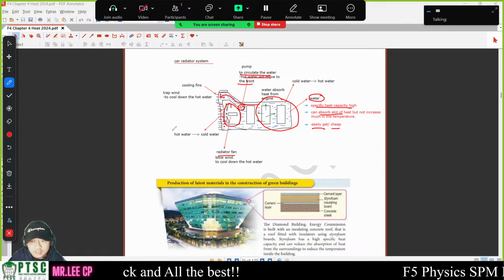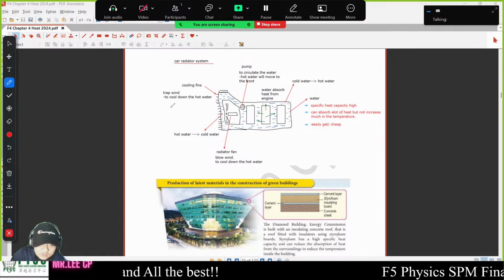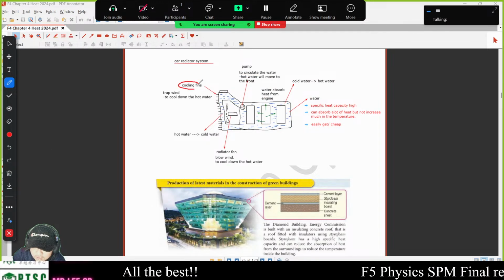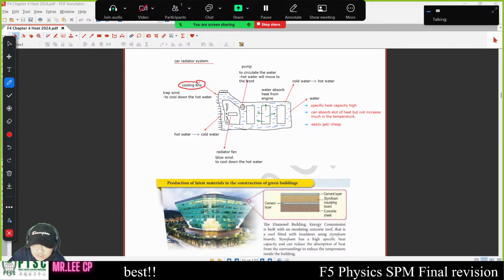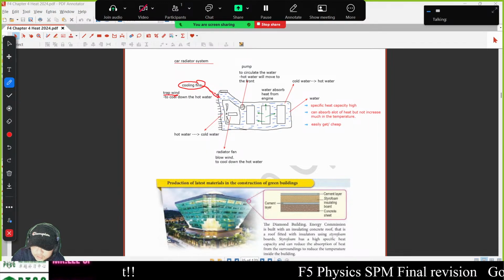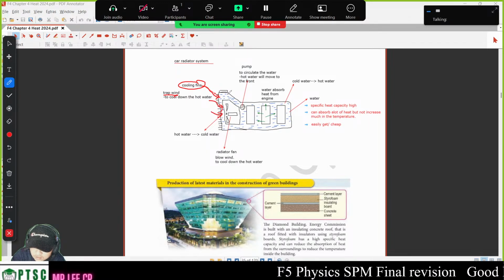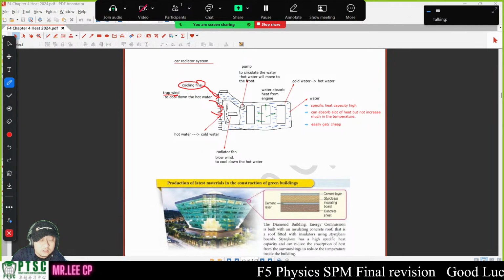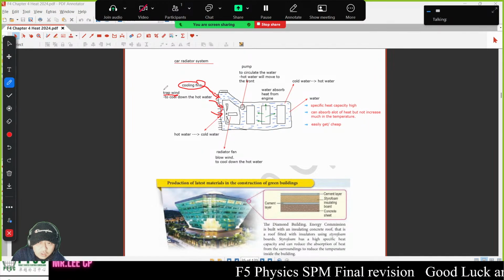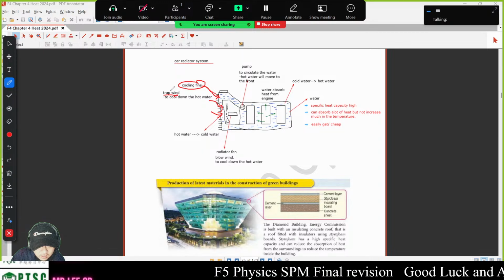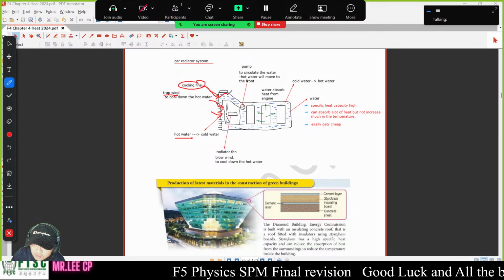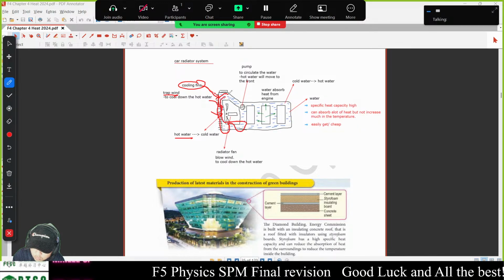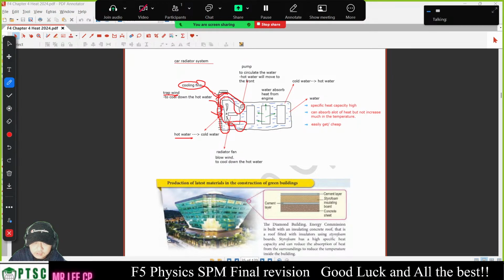Not only that, you have cooling fins here. These cooling fins trap the wind. The wind goes in here, here and here, so it will cool down the water also. So there have to be more cooling fins. The hot water has now become cold water, and because of the pump it flows to here.